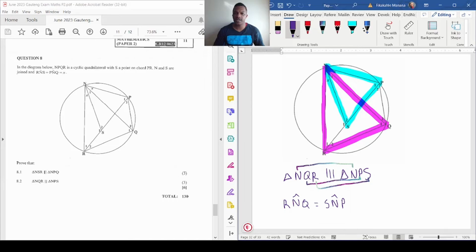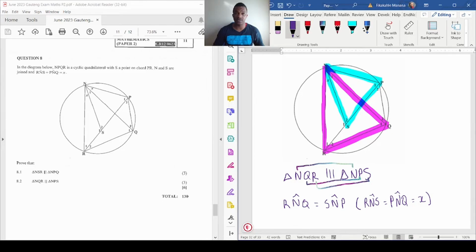The reason these are equal is because we have been given X for these angles, and that's a common angle. We know that RS and PQ are both equal to X. So you can put this in as a reason, but don't say given, because you are not given these ones that we are trying to prove.